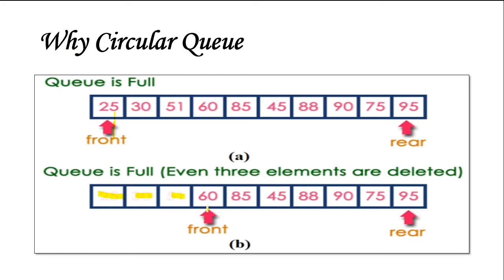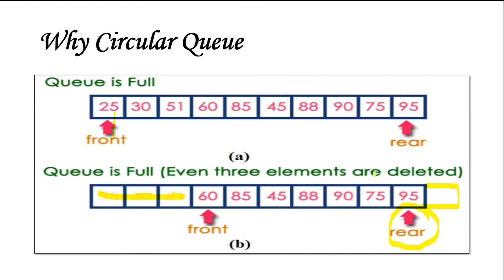Front is pointing to this position, but rear is pointing to the last position itself. So you cannot insert one more element, because rear is pointing to the last position and there is no space. Even though there is space in the queue, you cannot insert the element.